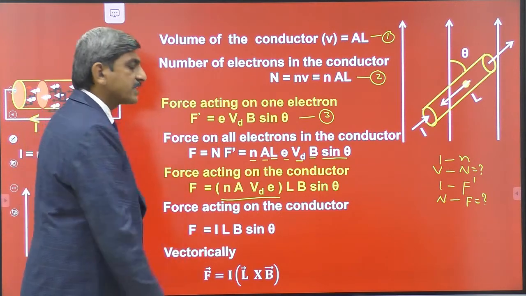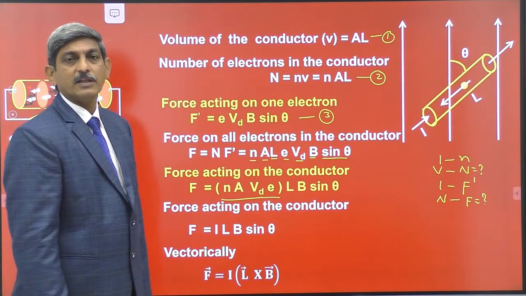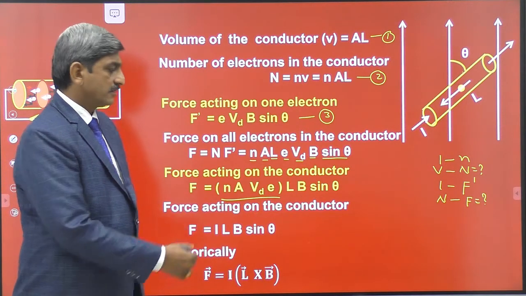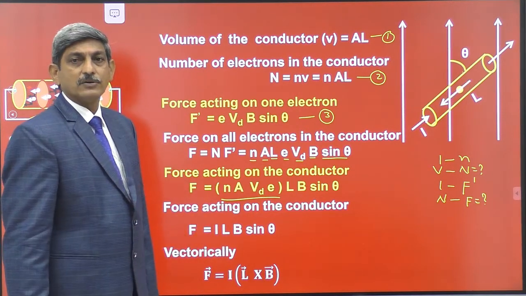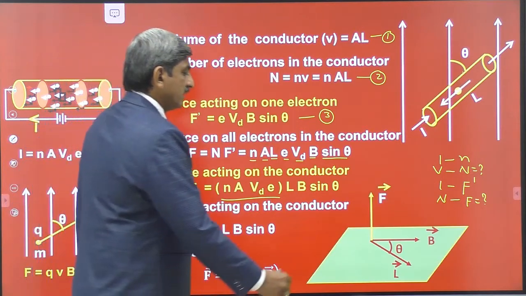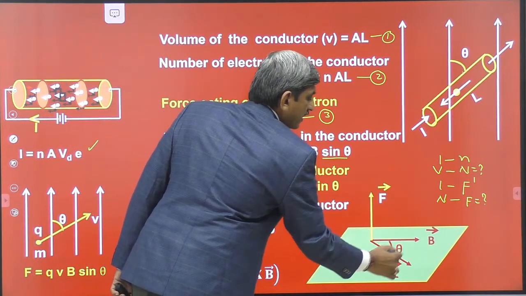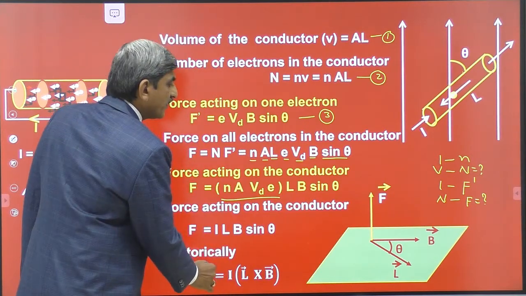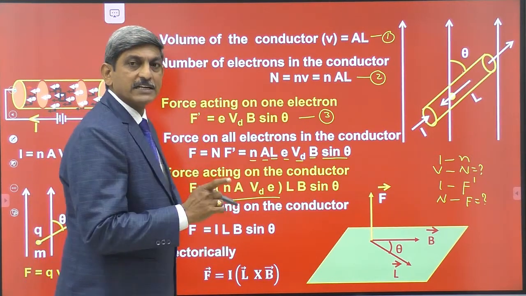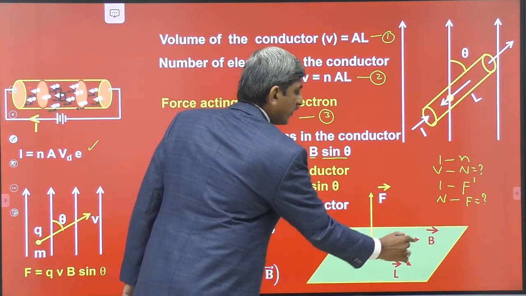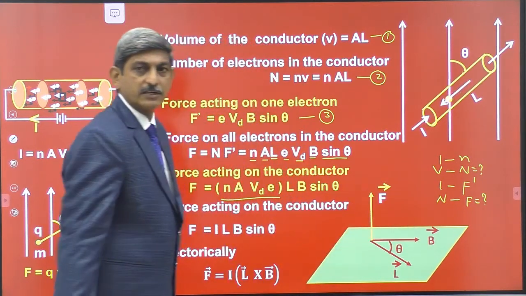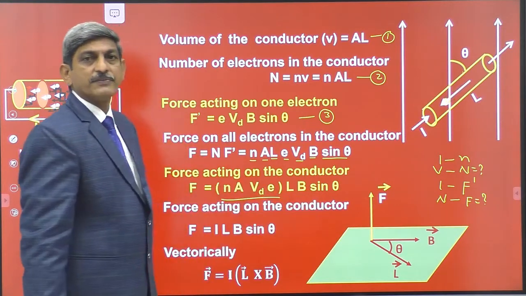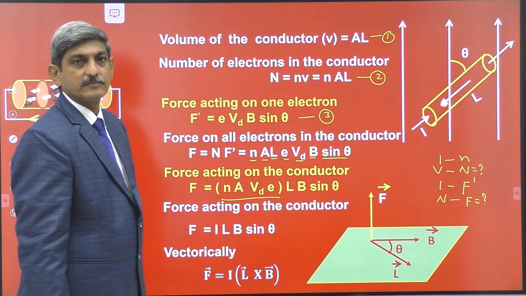Now, how to decide the direction of the force? The direction of the force can be determined by using the right hand rule. Here, L bar and B bar are lying in a plane. The direction of the force is perpendicular to the plane containing both L bar and B bar as shown in the figure.